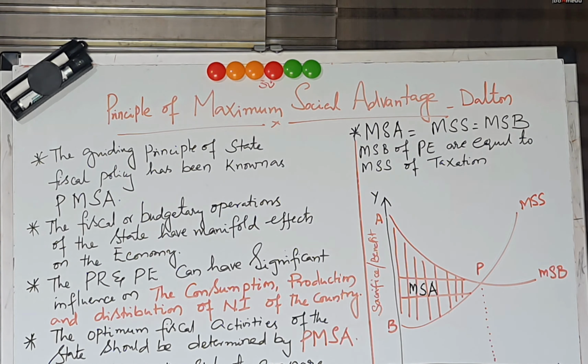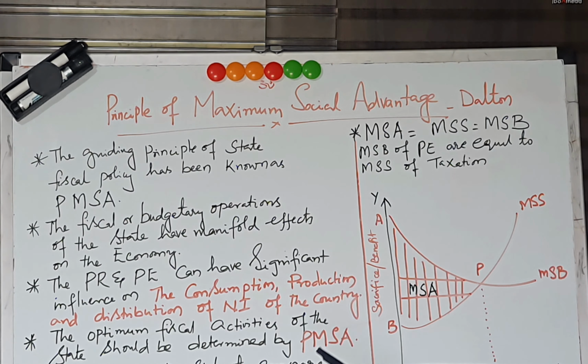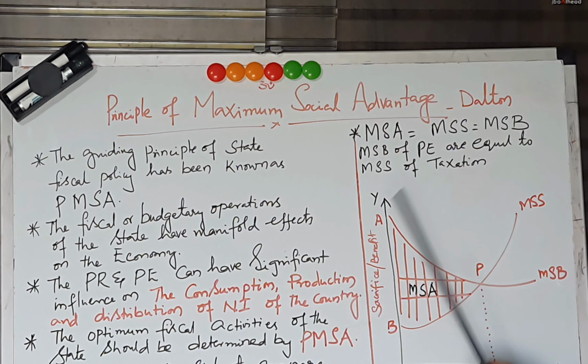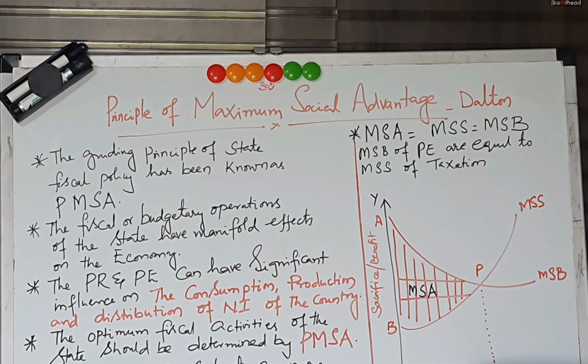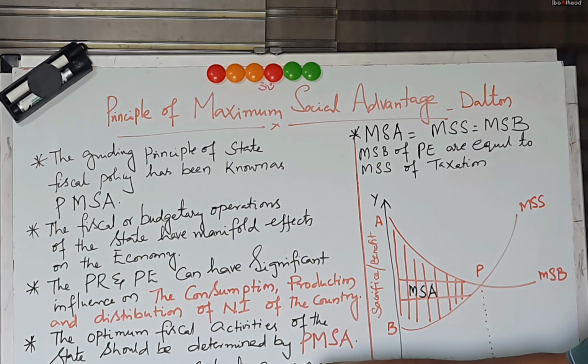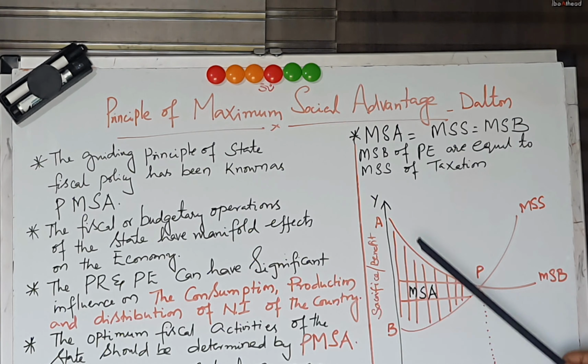So proper guidelines, proper principles should be followed while making government expenditure. So all the fiscal policy says that it should equalize the sacrifices and benefits of the society. That is the thing behind the maximum social advantage.